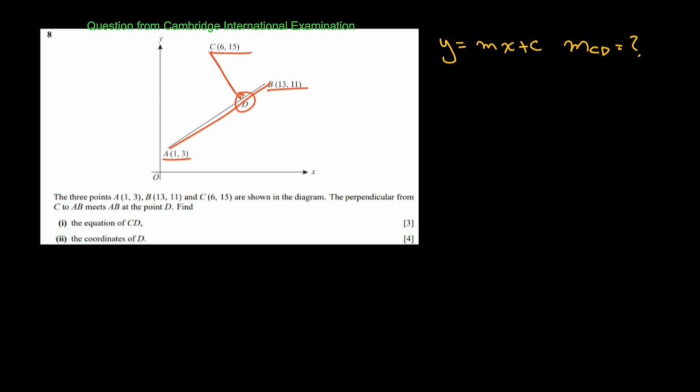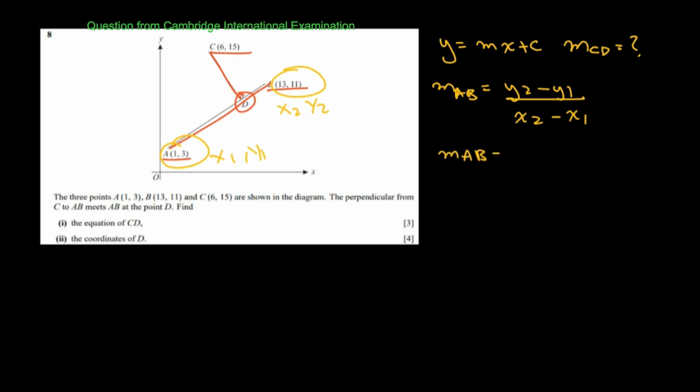But before the gradient of CD, we need to find the gradient of line AB. So m_AB is y2 minus y1 divided by x2 minus x1. So let's call this (x2, y2) and (x1, y1). So y2 minus y1 is 11 minus 3 and x2 minus x1 is 13 minus 1.